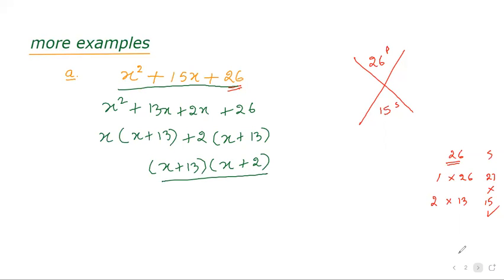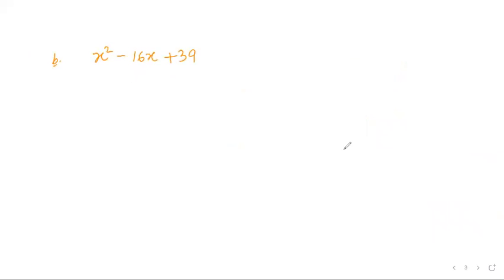All right, now we go to the next one. Here the constant term is 39, so the product will be 39, and the middle term is minus 16x, so the sum will be minus 16. The two numbers whose sum is minus 16 and product is 39 will be 13 and 3, right?